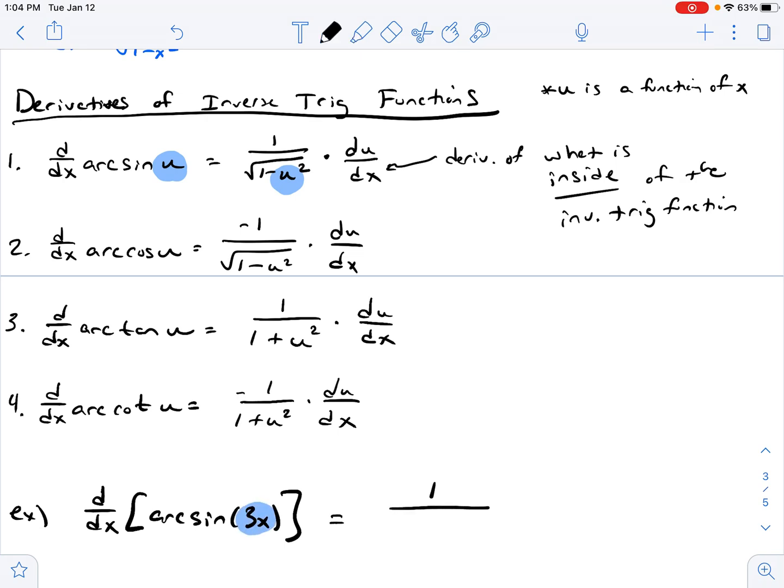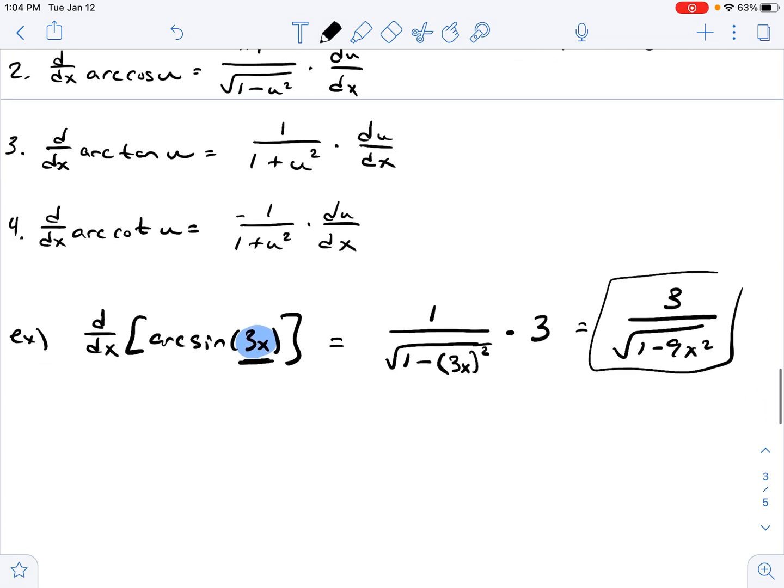So I'm going to get back 1 over the square root of 1 minus quantity 3x squared, all right, times the derivative of the thing inside. Well, the derivative of 3x is just 3. Cleaning it up, I put the 3 in the numerator, get radical 1 minus 9x squared down below.